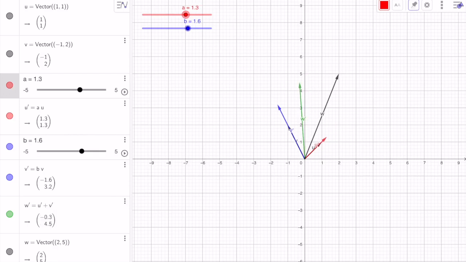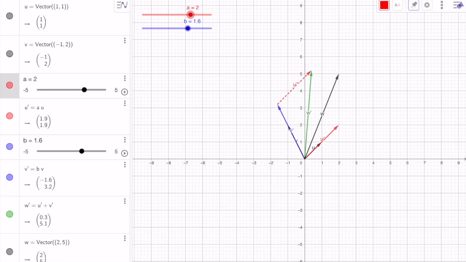Now, in order to see a little bit better what's going on, we can visualize the sum by the parallelogram visualization. In this case, that means that we can translate this u prime into the tip of the vector v prime, and then this will form a parallelogram with the vectors that we're adding.